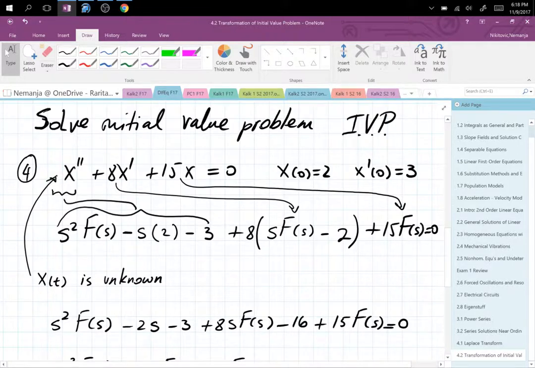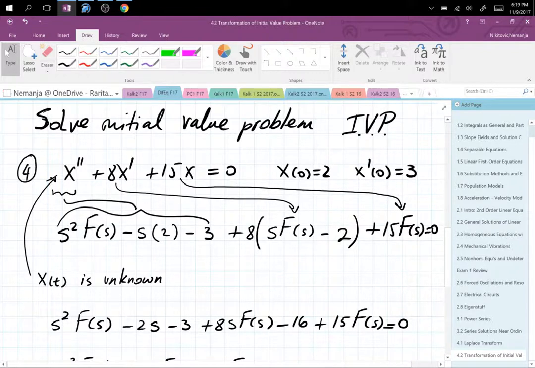Now, you memorize the formula for transforming the second derivative. Voila, right there. And then the first derivative, right there. And then 15x at the end is just 15 times, right? I'll put this on the board as the key point, so you can stare at it at all times.